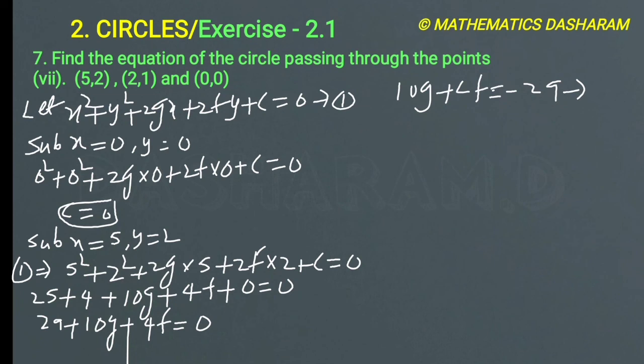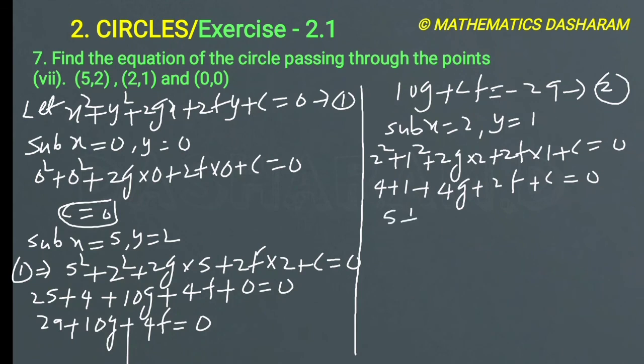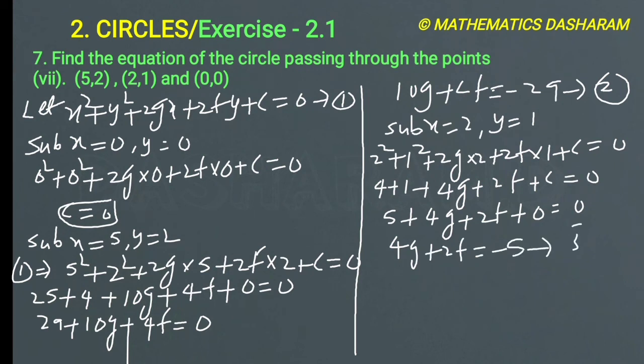So equation 2. Next, substitute the second point 2 comma 1. So 4 plus 1 is 5 plus 4g plus 2f, and c value is 0. It equals 0. Then 4g plus 2f equals minus 5. Equation 3. Observe the second and third equations. They have the same variables g and f, but their coefficients are different.